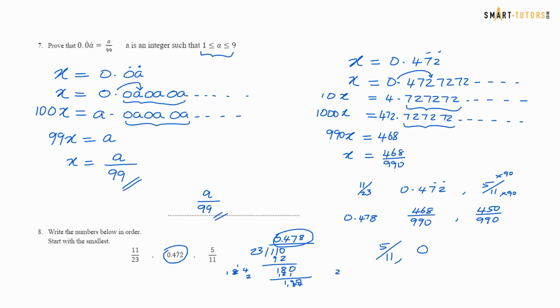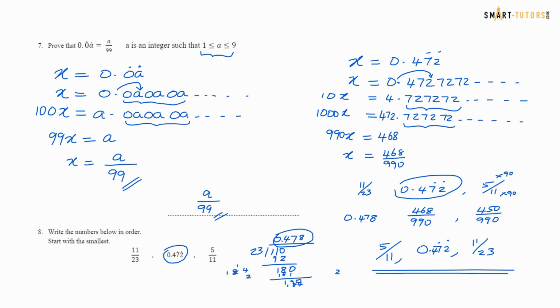Then 0.47 recurring, 2 recurring is the second one. The third one, the biggest out of the group, is 11 upon 23. So that is the answer. So how did we do it? We changed the recurring decimal into a fraction.